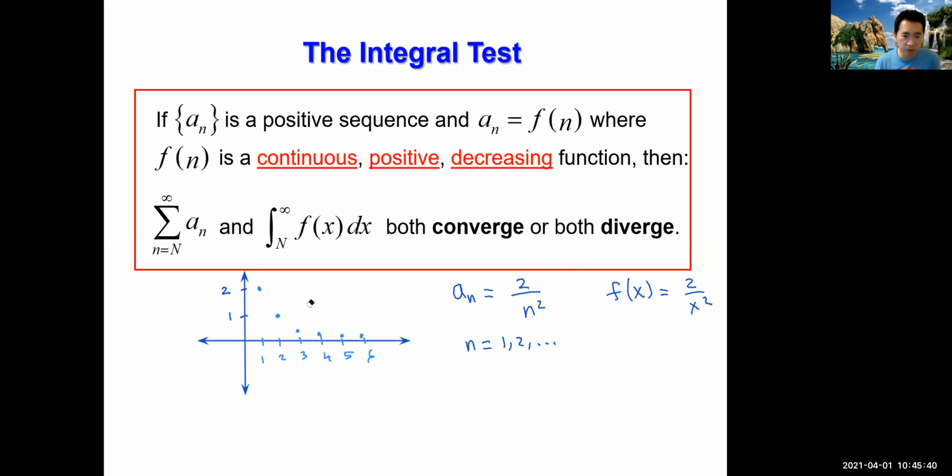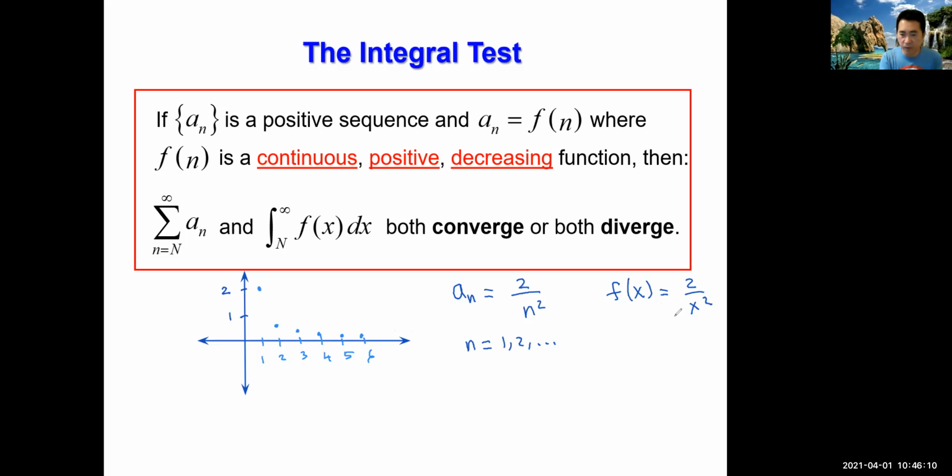So it's going to be down here at 1/2, right? And then when n is 3, it's 2 over 9, so it's going to be down here close to 0. And then 2 over 16, so it approaches the x-axis very quickly. So if you graph the sequence, it's going to be these dots.